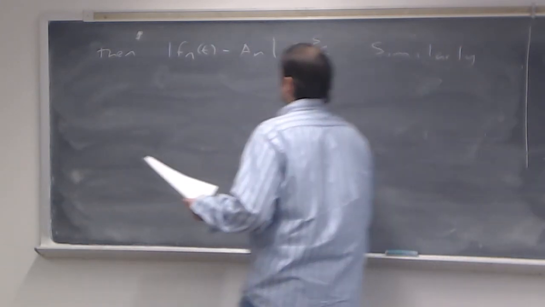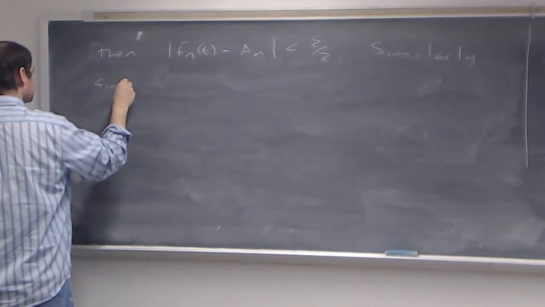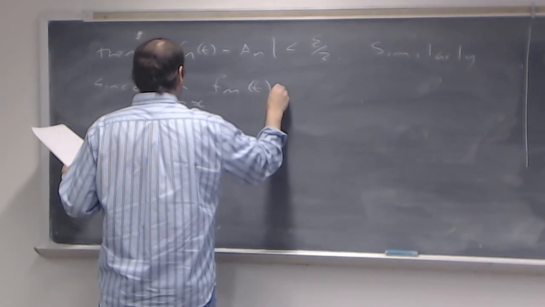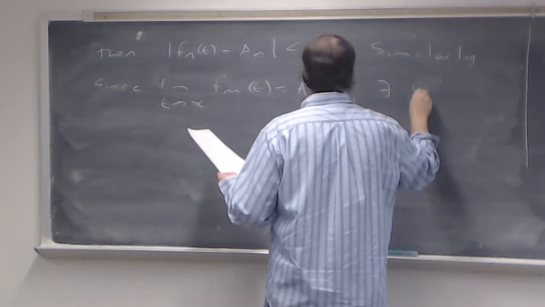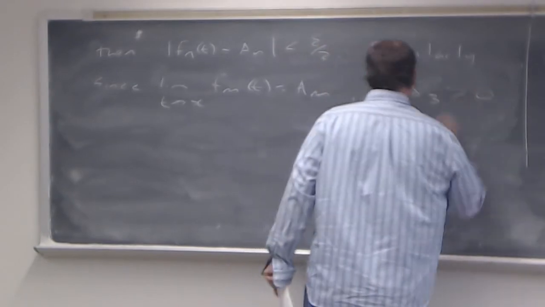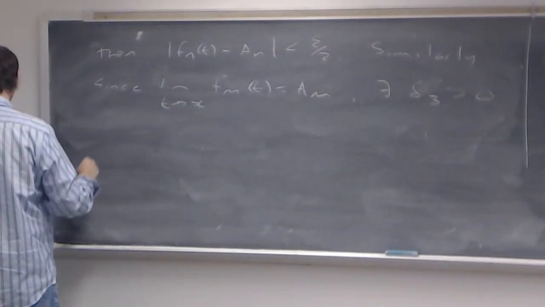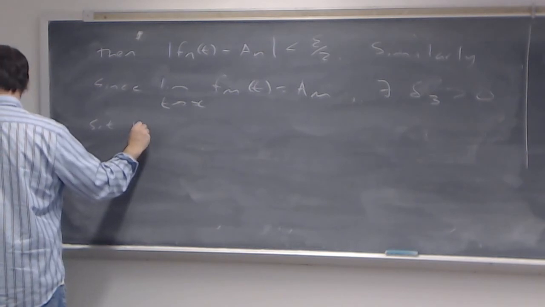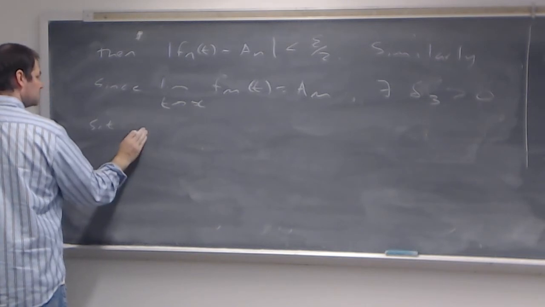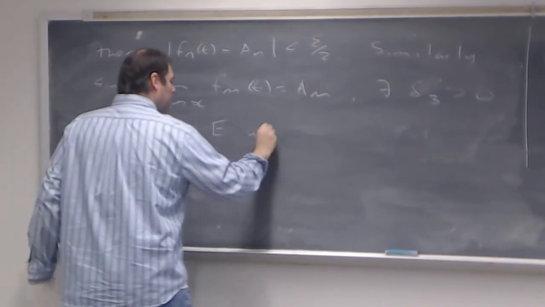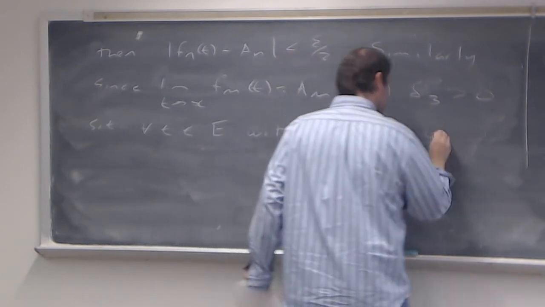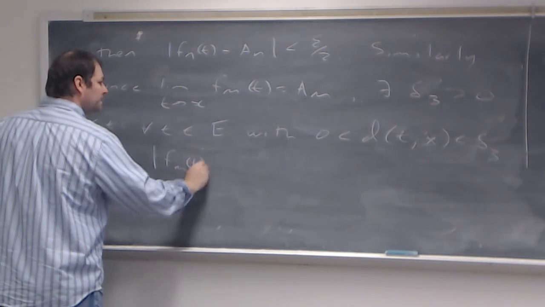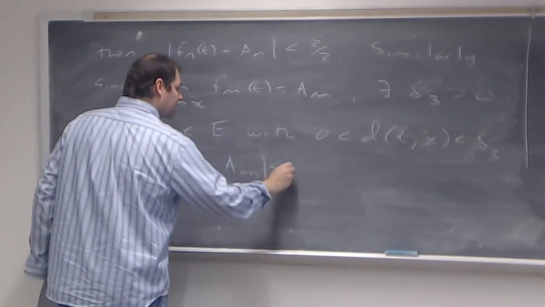Similarly, since the limit as t goes to x of f sub m of t equals a sub m, there exists a delta sub 3 greater than 0 such that for all t an element of E with 0 less than the metric between t and x less than delta sub 3, then the absolute value of f sub m of t minus a sub m will be less than epsilon over 2.